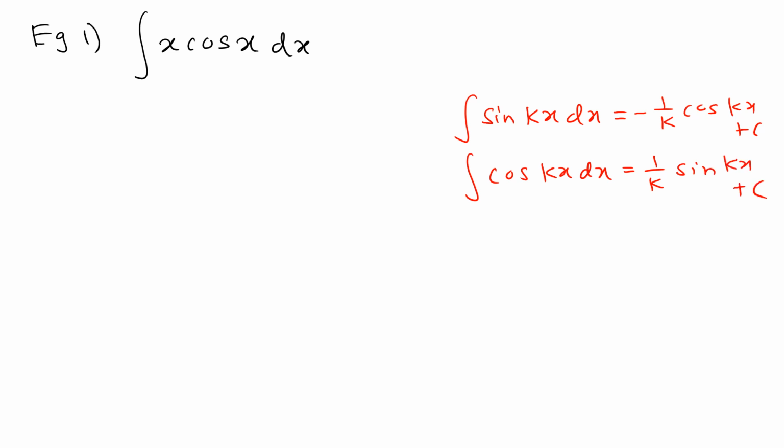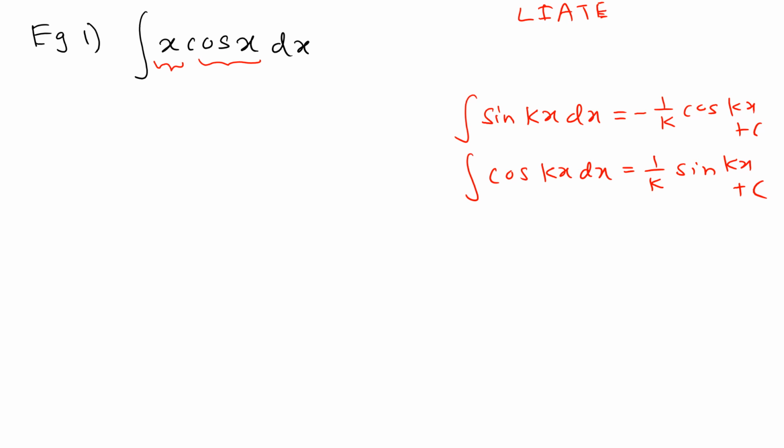Now let's try to form the DI table. Clearly you can see there's a polynomial here, and then we have a trigonometric function there. According to LIATE, the algebraic term comes before the trigonometric term.